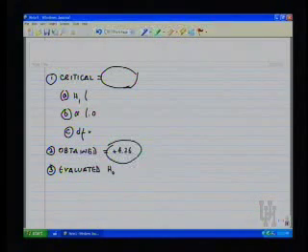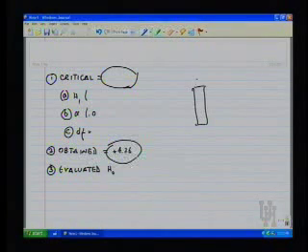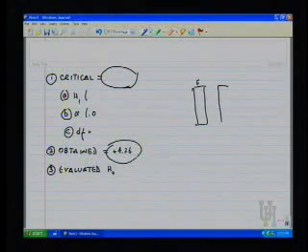Let's assume that we have hypothesized that females will score significantly higher than males on the verbal section of the SAT. So what we do is we collect together some number of females, some number of males.